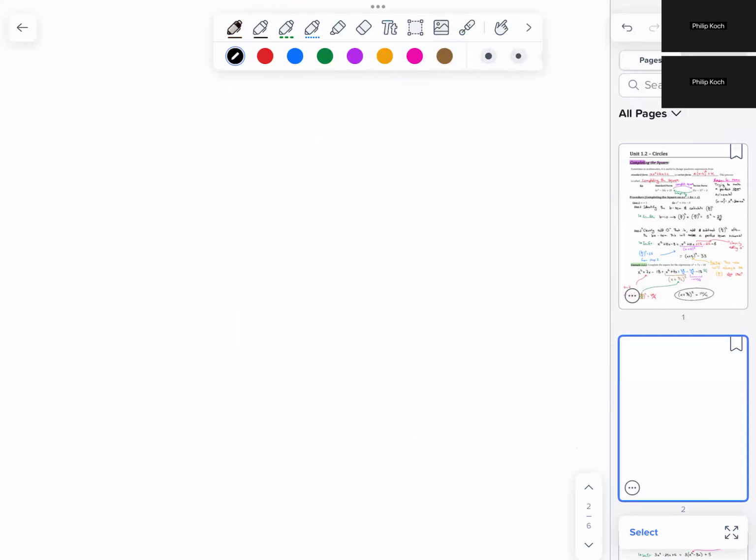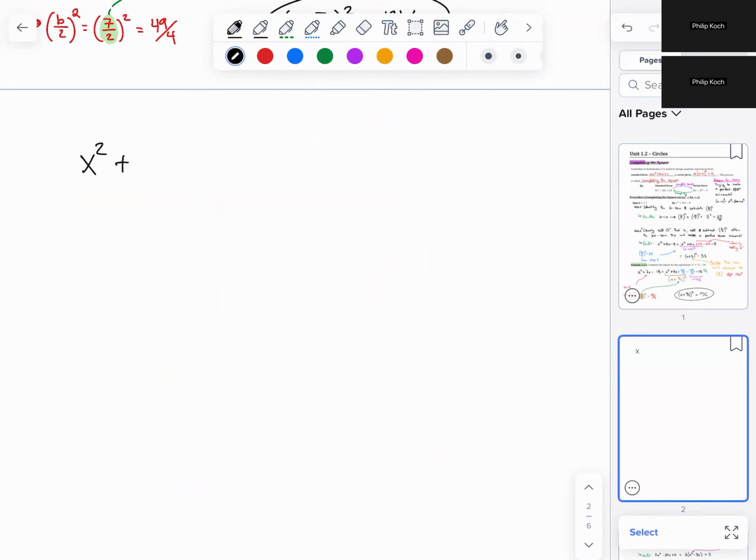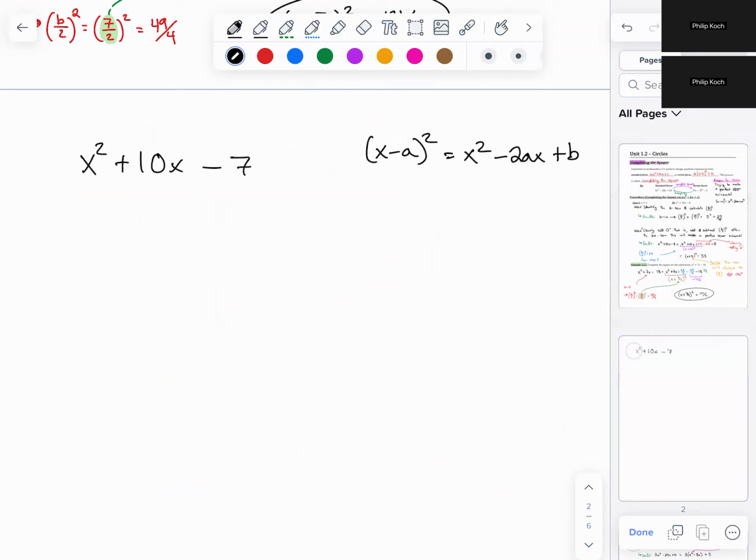I thought about it a lot after, and I didn't like the fact that we had two different names for these things. So if you have x squared plus, let's say, 10x minus 7, you don't need to write this down. Now we know that (x minus a) squared is equal to x squared minus 2ax plus a squared.